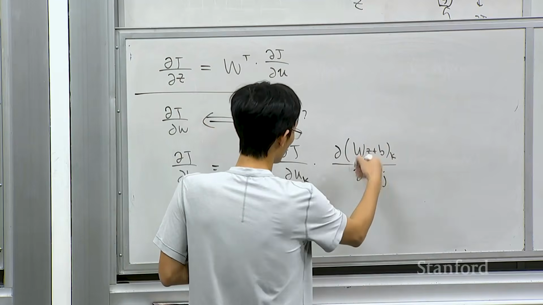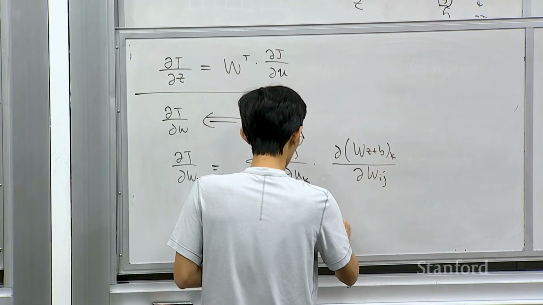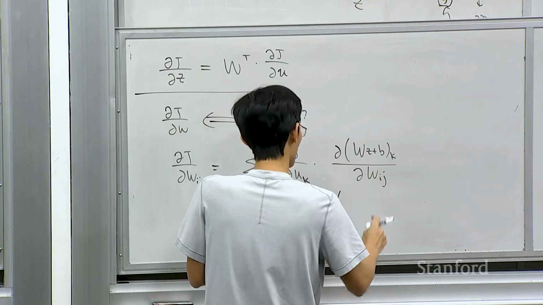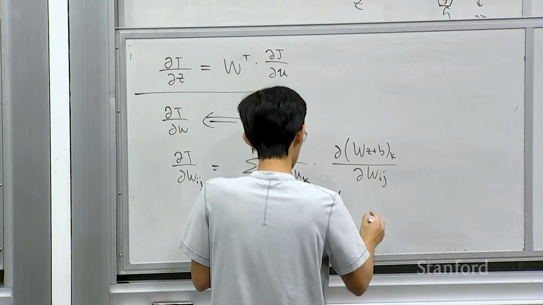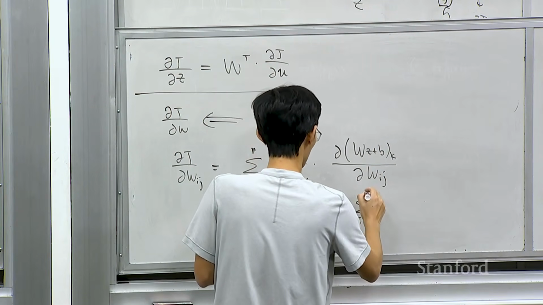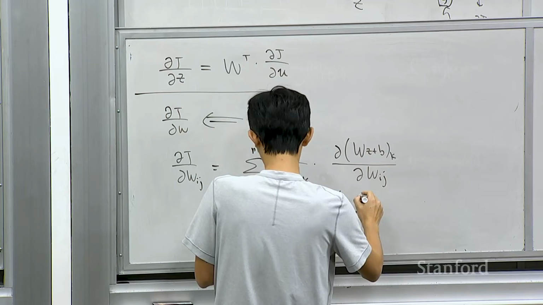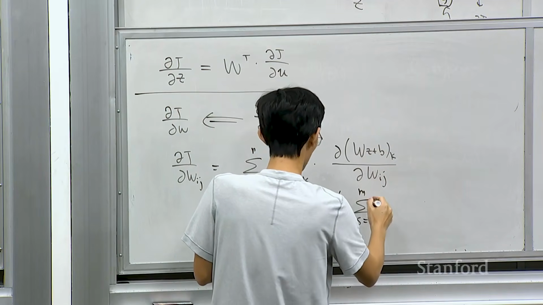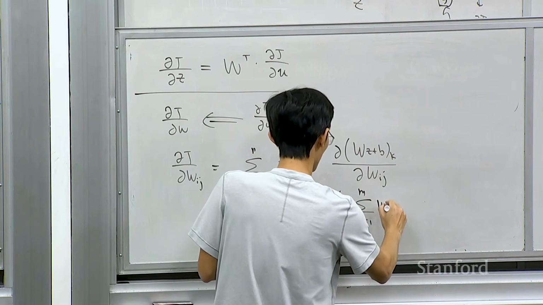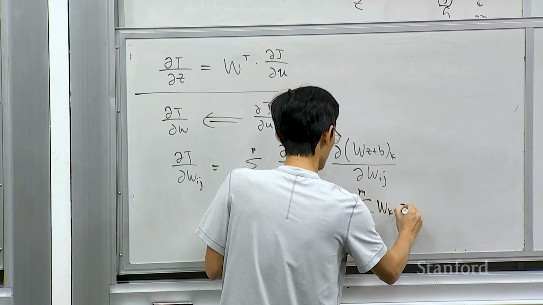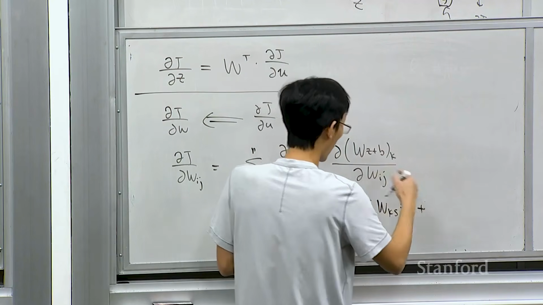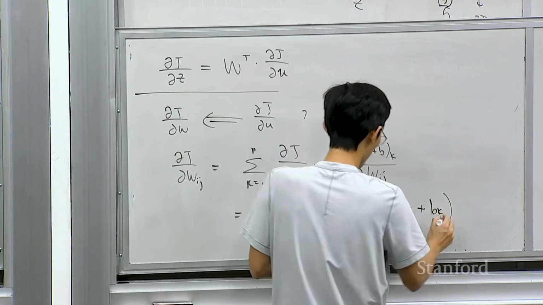And let's look at what this means. The kth coordinate is equal to, you first look at the kth coordinate of Wz, which is W_ks z_s, and then the kth coordinate of b, which is b_k.